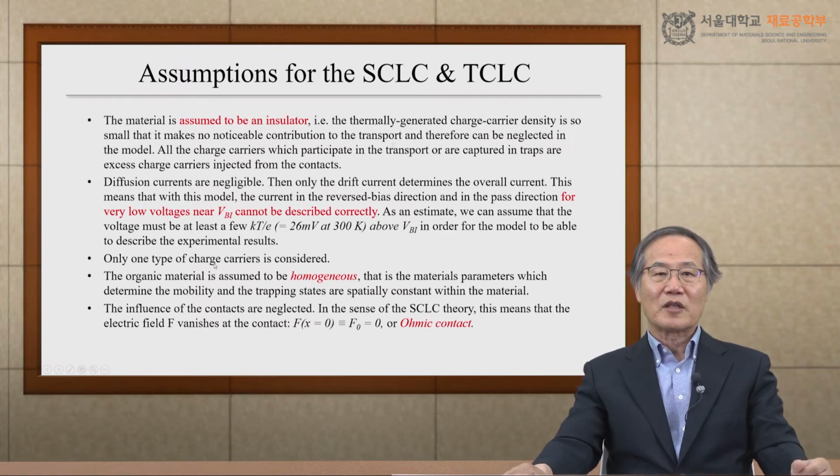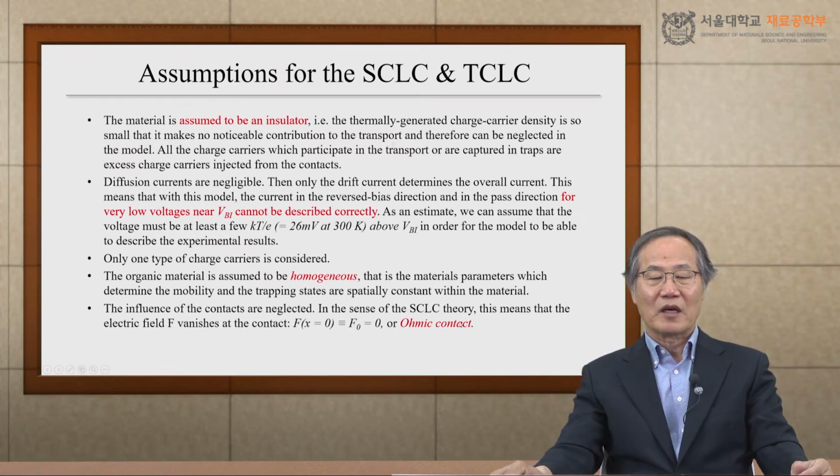Also only one type of charge carrier is considered in the derivations. Organic materials are assumed to be homogeneous, and the boundary condition for the charge injection is the ohmic contact. So the field at the injection electrode is assumed to be 0, so that's the ohmic contact case.